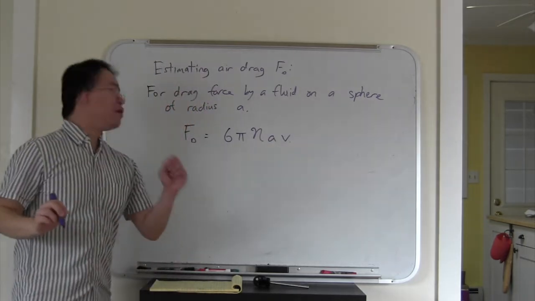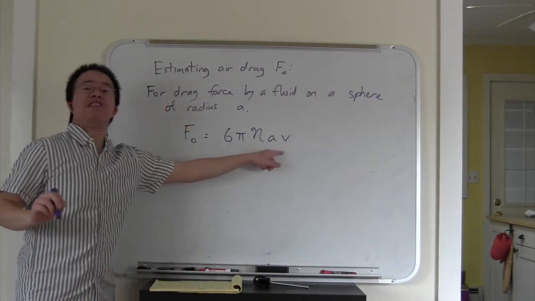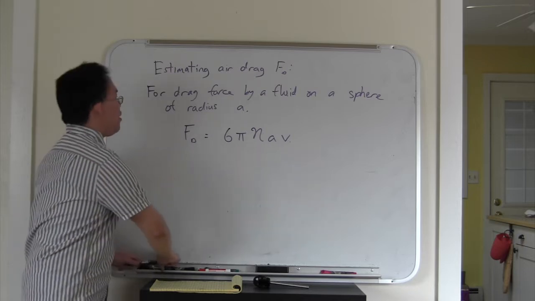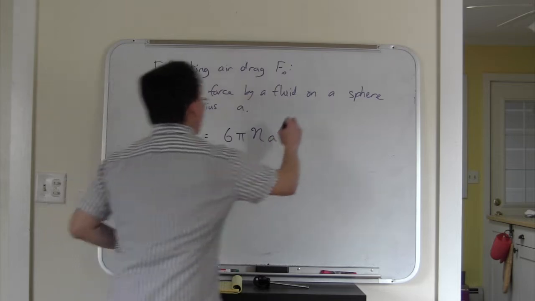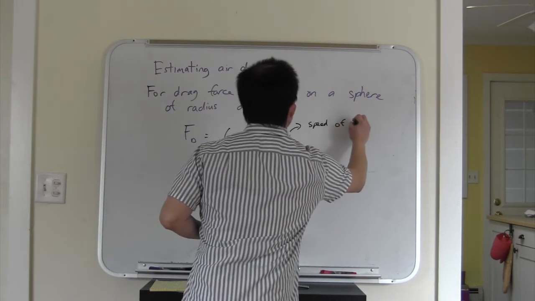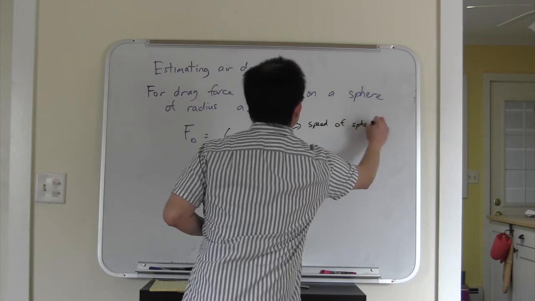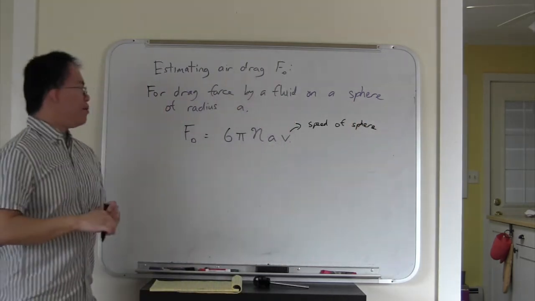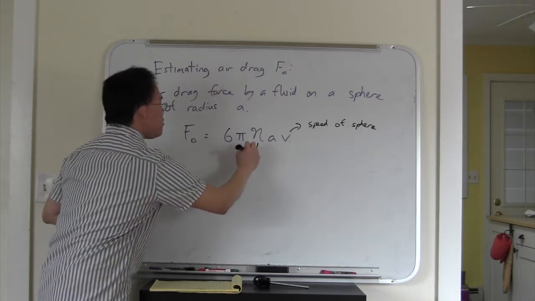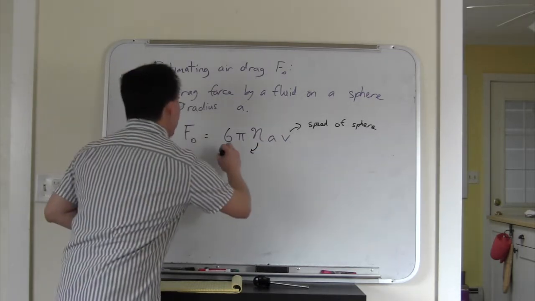In other words, the drag force is linearly proportional to how fast the sphere is moving. Let me unpack that. Here v is the speed of the sphere, a is the radius, and eta is a new thing. Eta is what we call the viscosity.